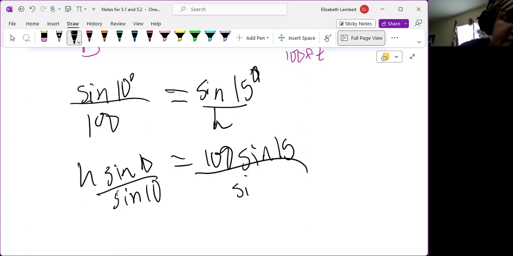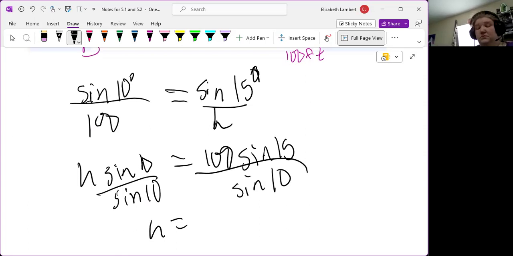And then we divide both sides by the sine of 10. So 100 times the sine of 15 divided by the sine of 10.